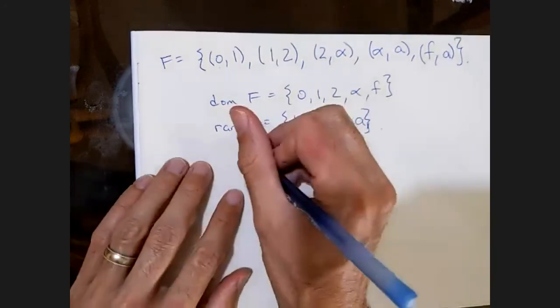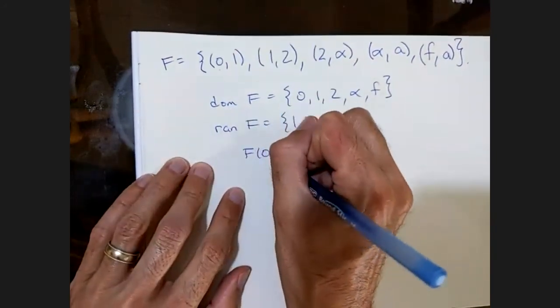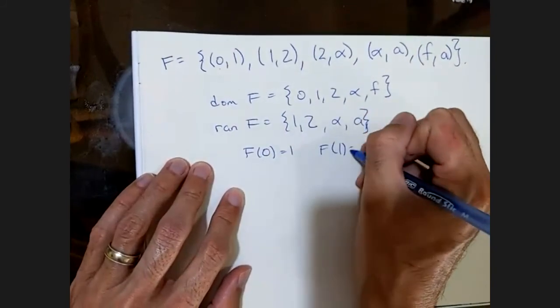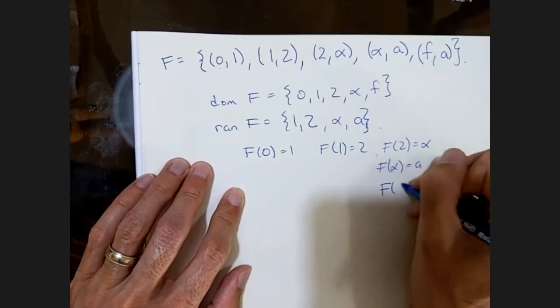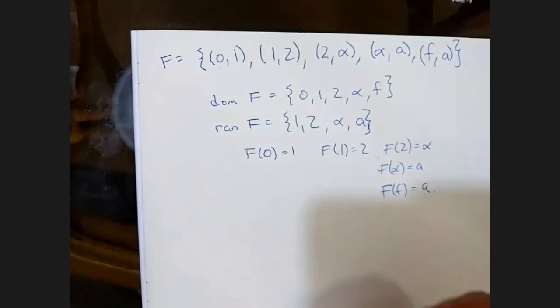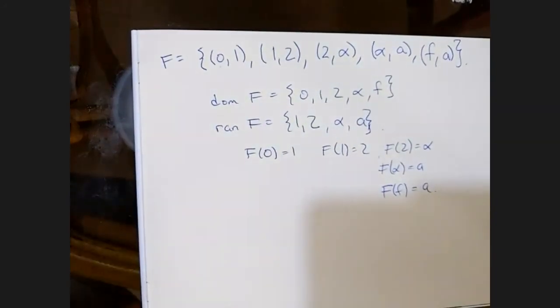And then we write things like f of 0 equals 1, f of 1 equals 2, f of alpha equals A, f of little f equals A. And we can study the properties of this function. We can do all the things we normally do with functions.